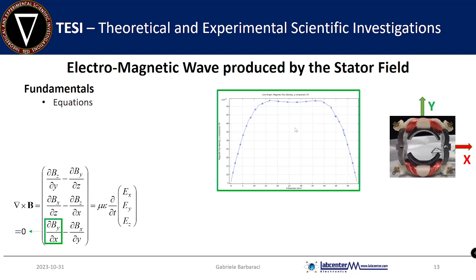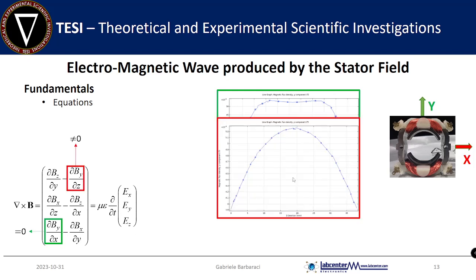So, for example, for the variation of the y component along the x direction, we simplify the discussion by saying that this is 0. The variation of the y component along the z direction cannot be 0, because it increases and then decreases. So the variation is stronger than in the previous case.